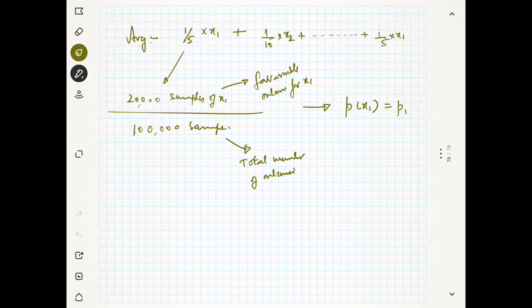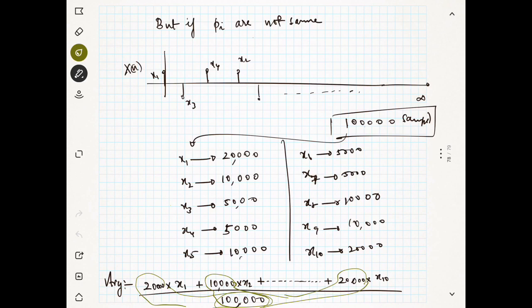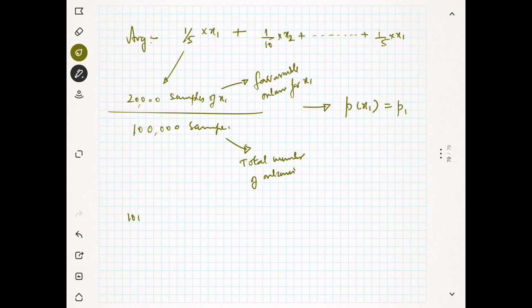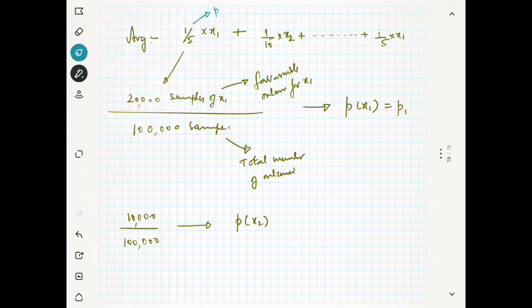Similarly, for x2, you can see here it is 10,000 samples out of 1 lakh samples. That means 10,000 divided by 100,000, that means 1 lakh. So this is nothing but the probability of x2. So you see here in this notation, this is the probability of x1, and this is the probability of x2, and this is 10, so it's the probability of x10.